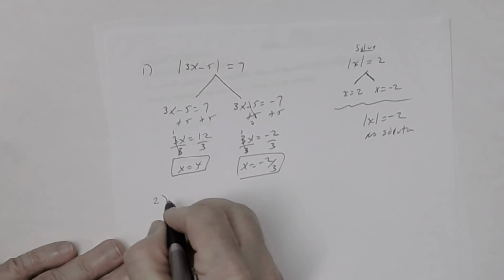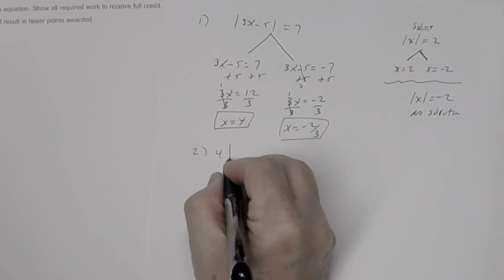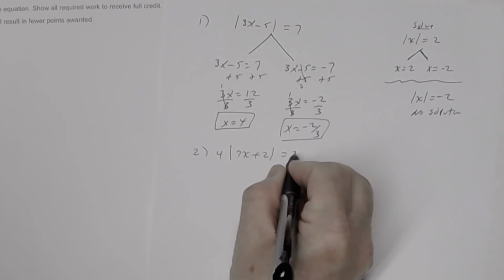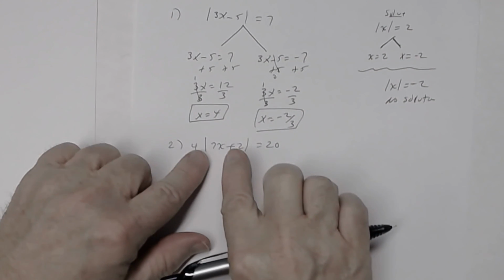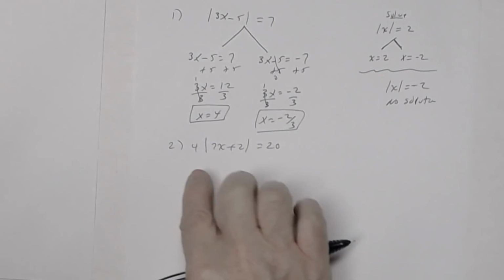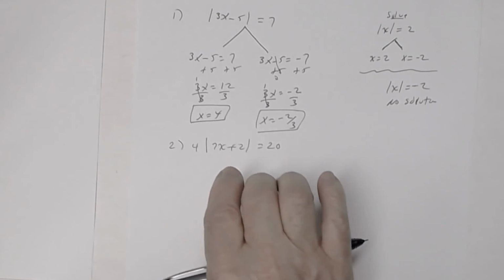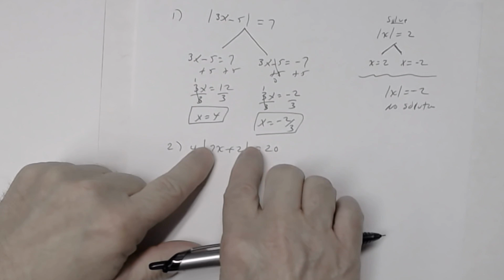Number 2. We have 4 times the absolute value of 7x plus 2 is equal to 20. All right, so one thing you got to be careful of, and if you make the mistake in this problem, it's not going to hurt you because you'll still get the same solution. But you got to be careful because these are absolute value bars.